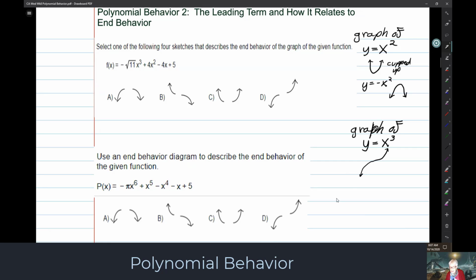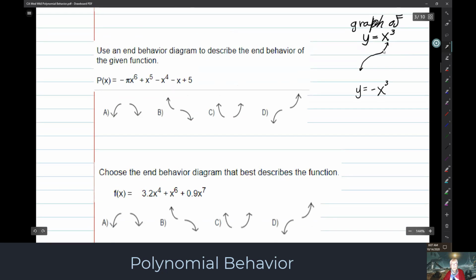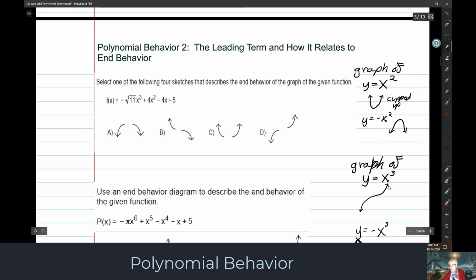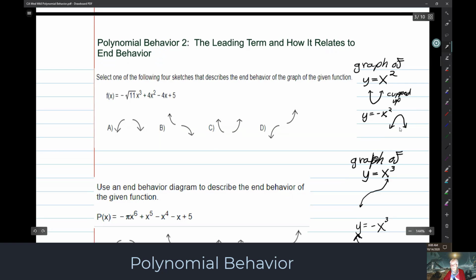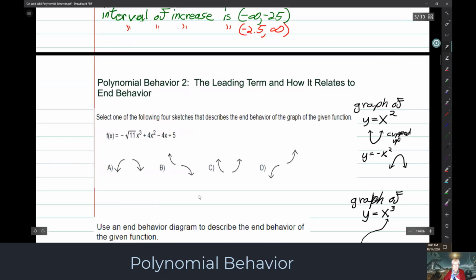And the graph of negative x to the third is just this graph tipped upside down so that it looks something like that. Relatively. Just keep these four graphs in mind, because everything that we're about to do is based on that.